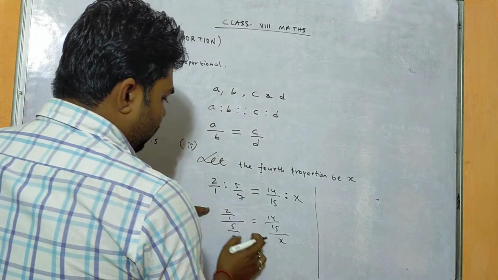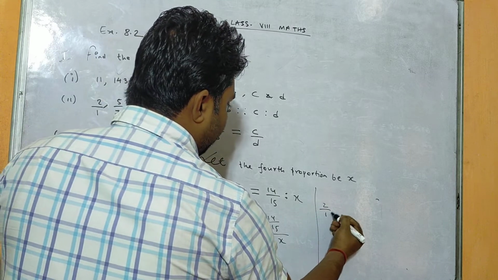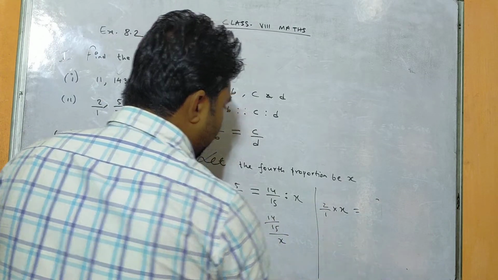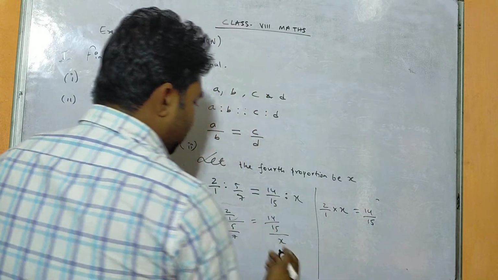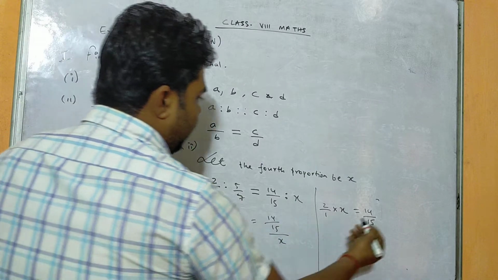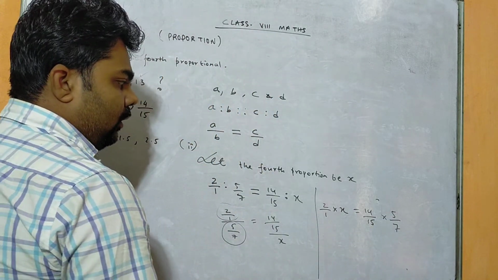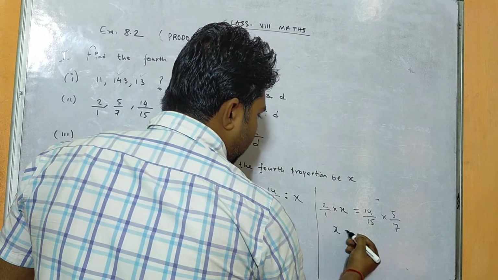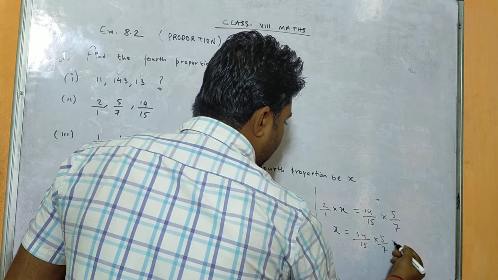So you see, now we can take the reciprocal, or we can directly cross multiply. 2 by 1 when it is multiplied with x, we will have 2 by 1 into x, and 14 by 15 was already there. This total number will get cross multiplied there, so we get 5 by 7, right? Now x equals 14 by 15 into 5 by 7 into 1 by 2.